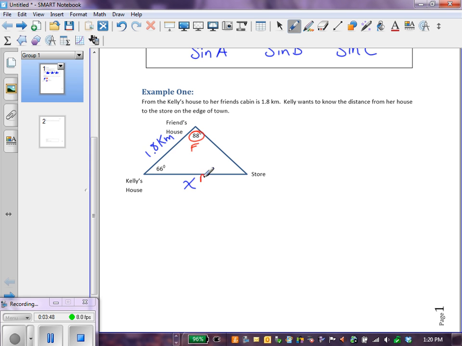So this is side lowercase f. If the 66 represents angle K, where's side K? Across from it, right? So lowercase k, it looks like my capital K. And then we've got the S angle. So my 1.8 kilometers would be my S side.